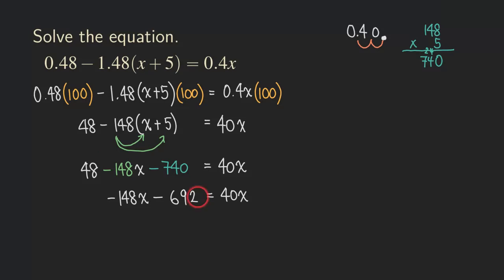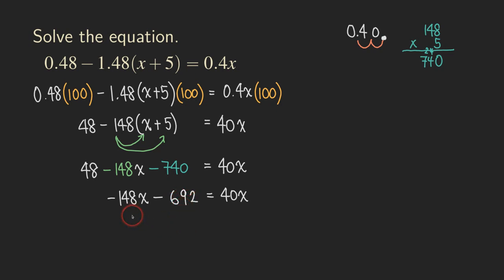Okay, so next step is that we want to subtract 40x from both sides of the equation so that we can get all the x terms on the left side of the equation. Or actually we can move this one to that side, right? So we can actually just add 148x to both sides of the equation, then we can still get all the x terms on one side and all the non-x terms on the other side.